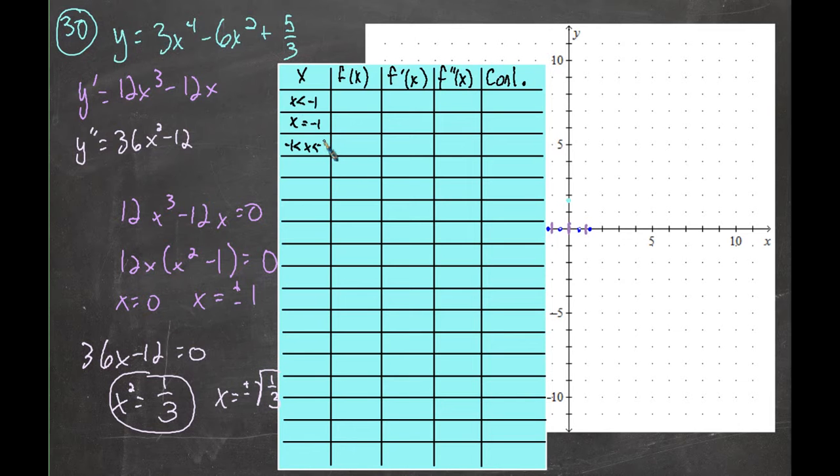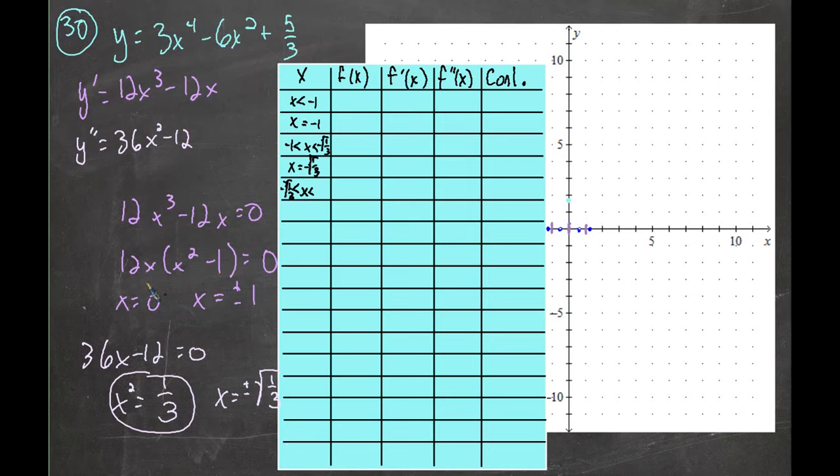Okay, and x is equal to negative square root of 1/3. Let's try and make that look a little better. And x is between negative square root of 1/3 and the next value. Glad I made this so big so I could write easily on it.